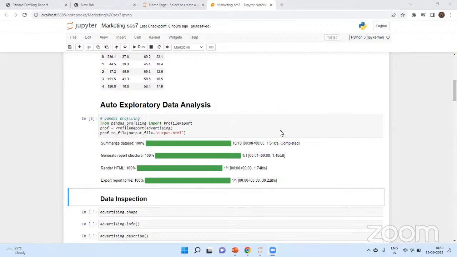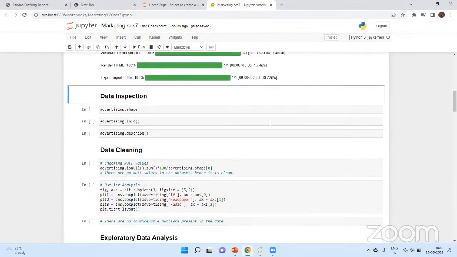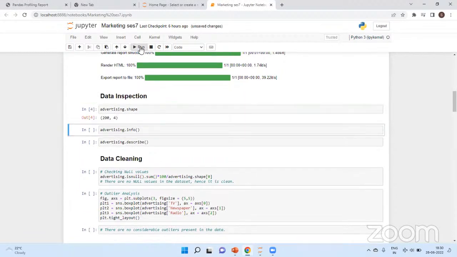Next, so auto exploratory data analysis is finished. So data inspection. What is the shape of our data set? Let us execute. It has 200 rows and 4 columns. And next, if I want to know the information, advertising.info, we will get information regarding each and every column.